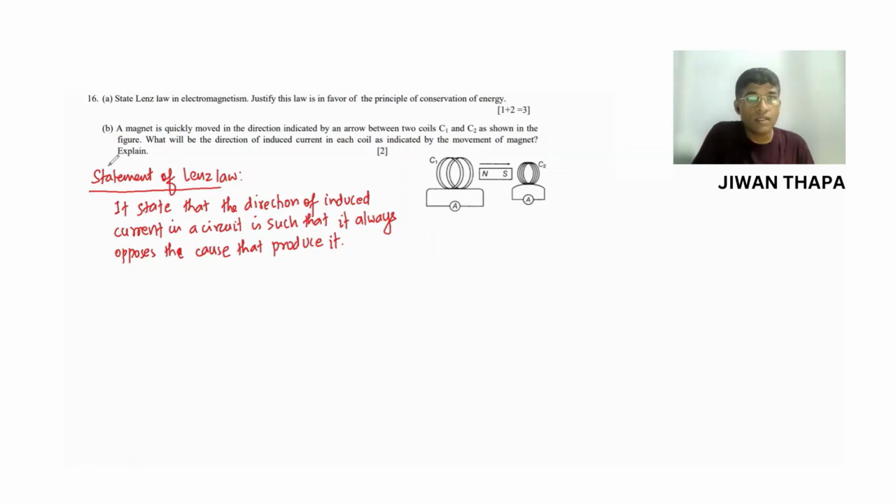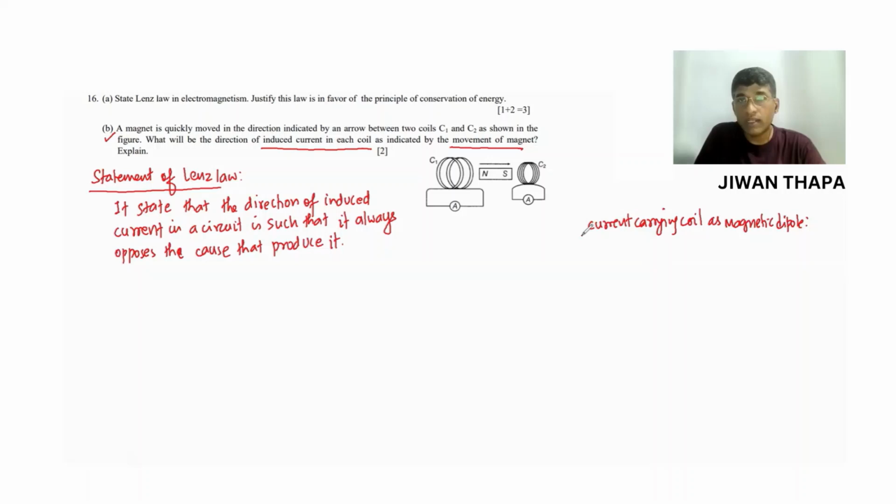Now let us discuss this. A magnet is quickly moved in a direction indicated by arrow between two coils C1 and C2 as shown in the figure. What will be the direction of induced current in each coil as indicated by the movement of magnet? So before understanding this question, let us discuss this. Current carrying coil as magnetic dipole.